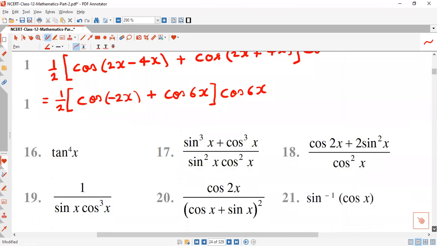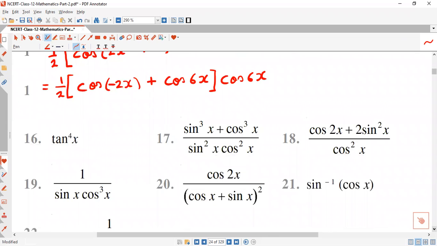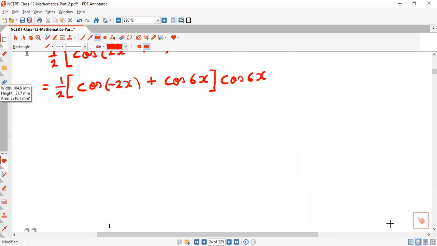Now, I would like to further simplify this. You will know that here cos(minus 2x), since cos(minus a) equals cos a.